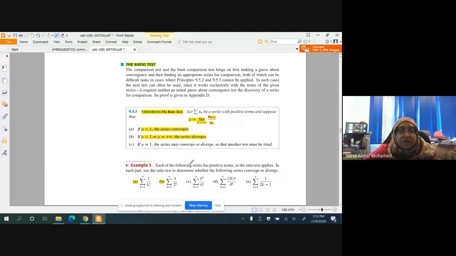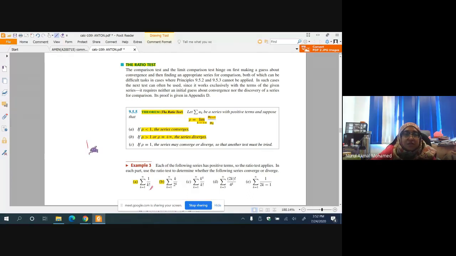So the ratio test is normally applied to series that involve the factorial sign.